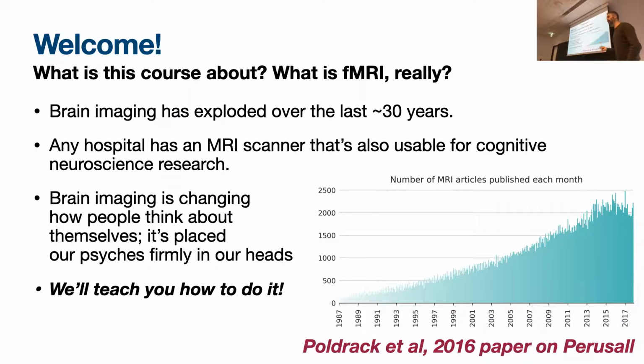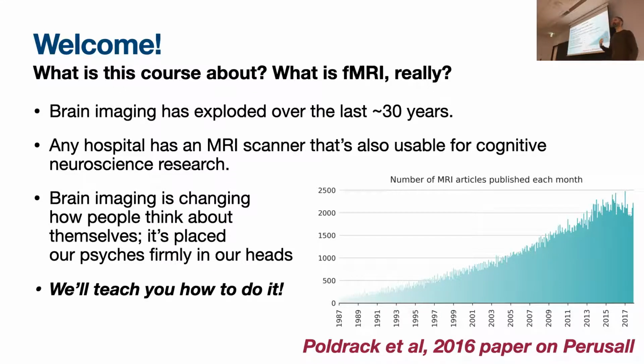And if you look at popular science literature, what this has meant is that we are all pretty much used to seeing pictures of stuff inside someone's brain, right? So like the pleasure center, like the love region of the brain, that sort of thing has really become a sort of pop science. Everybody's used to seeing that type of image. And what it has done is placed for everybody their minds inside their heads, right?